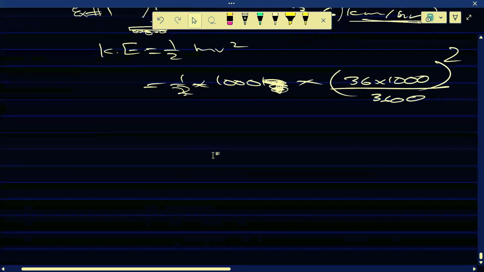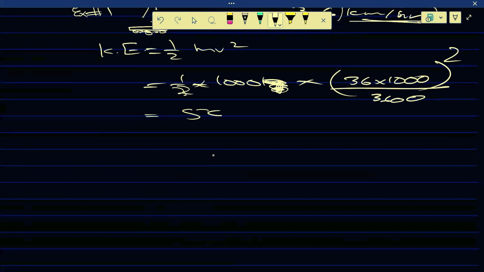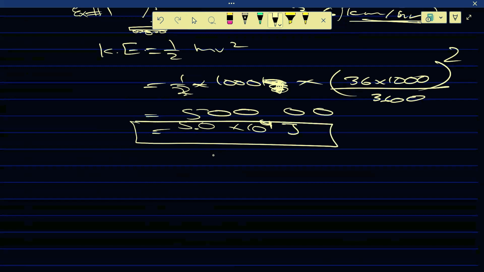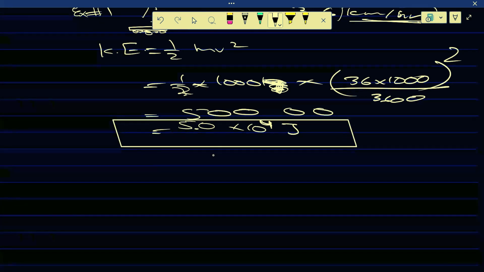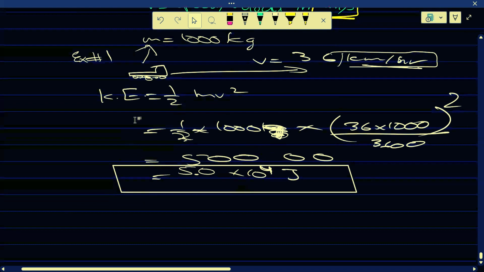Its answer is 50,000. Let's write it in short form, which will be 5.0 times 10 to the power of 4 joules. This is the answer for this exercise one question.